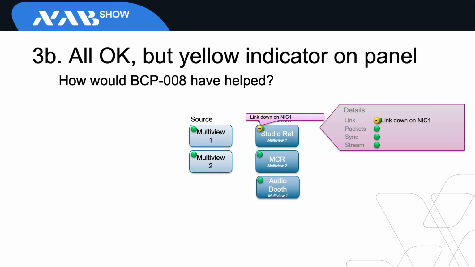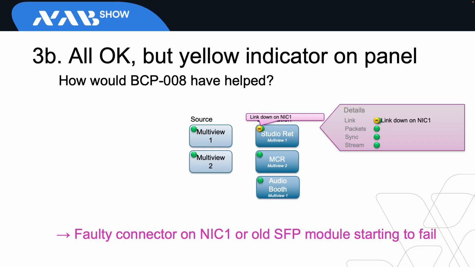But the point is, it's not just a 2, it's an infinite. So the link has been up and down an infinite amount of times. And that's a different root cause. Again, it doesn't take a lot of technical know-how to find out maybe there's a faulty connector or an SFP aging or something like this. It helps quite a lot.